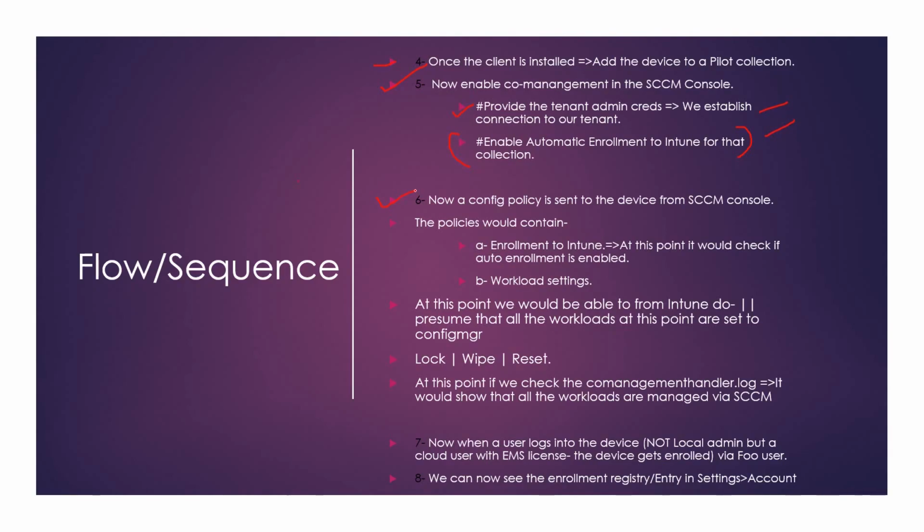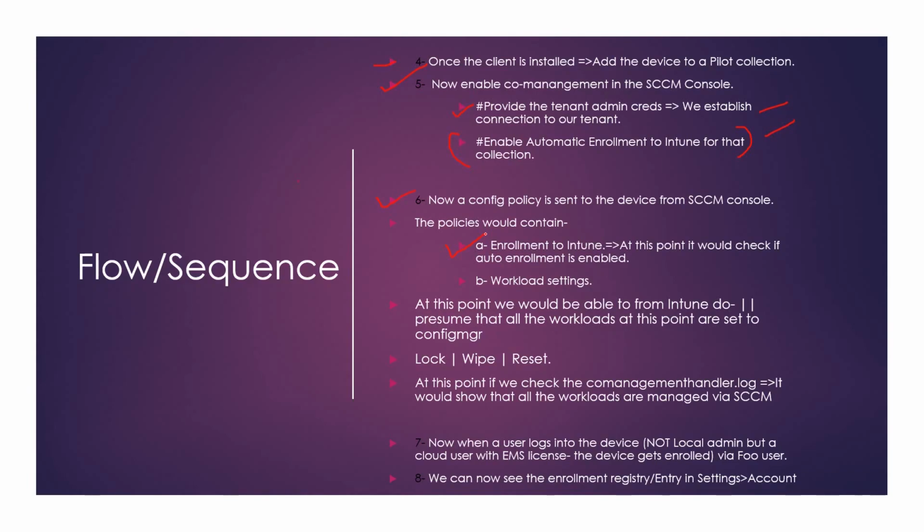The policy will contain two pieces of information. The first is that the device needs to get enrolled to Intune. So let's just say there's an end device. The device was conventionally being managed by SCCM. It suddenly receives a configuration policy. The policy obviously can be tracked like any other policy in the policy log.